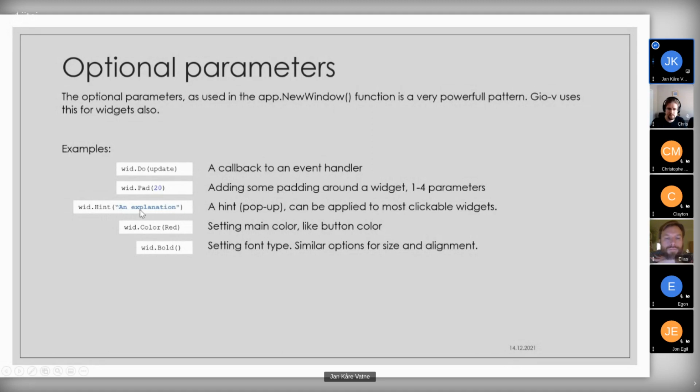What I do with this hint is to show it when you hover over a widget for a few seconds, and it pops up. I'll show you later on. But this could also be used for reading out an explanation of what the widget is doing.